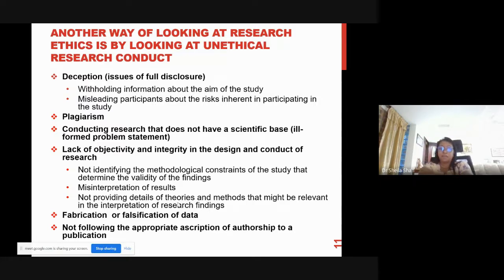Stealing people's ideas. And then conducting research with no scientific base. You simply do it because you feel this is the case. No, you must always read up first. Mostly here, I think the topic will be given by your supervisor. So you need to read up on the scientific background, like a problem statement.